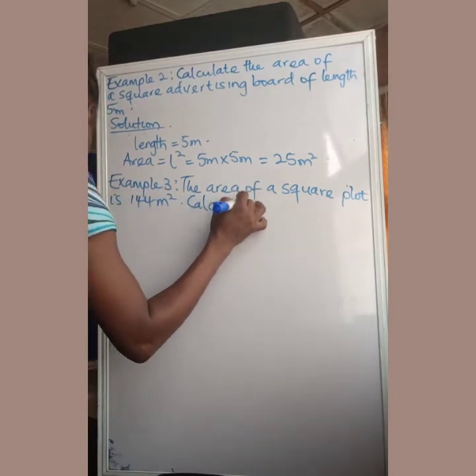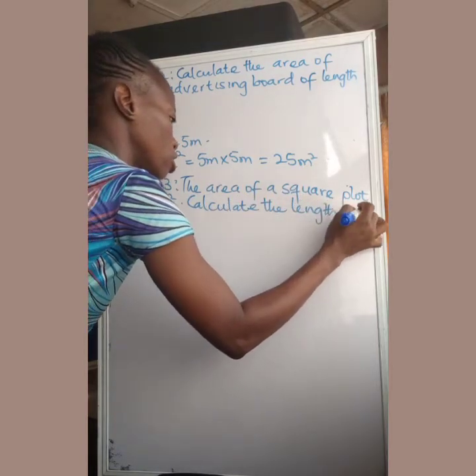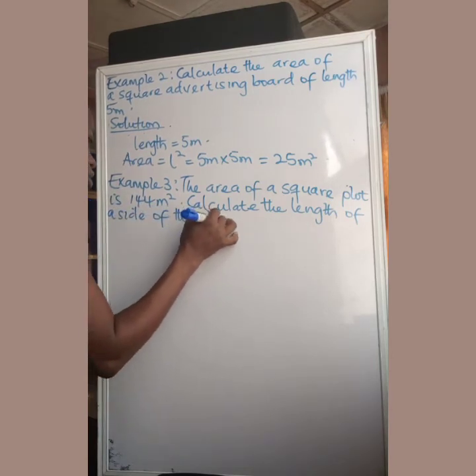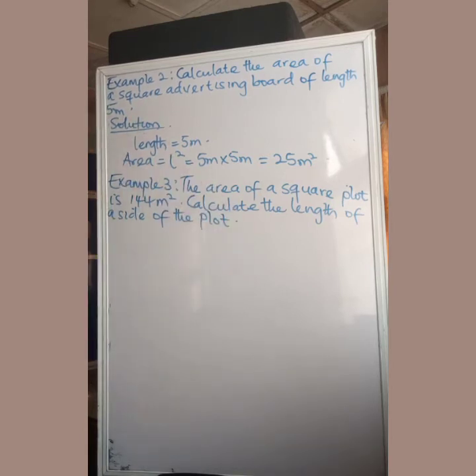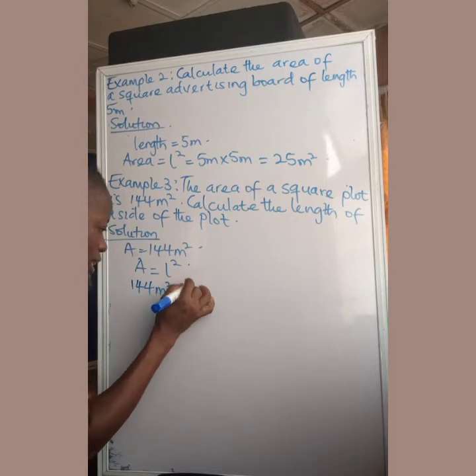Calculate the length of a side of the plot. Now that's the question. They gave us area in the question to be 144 meters squared. And you know that area equals length squared. So, 144 meters squared equals length squared.